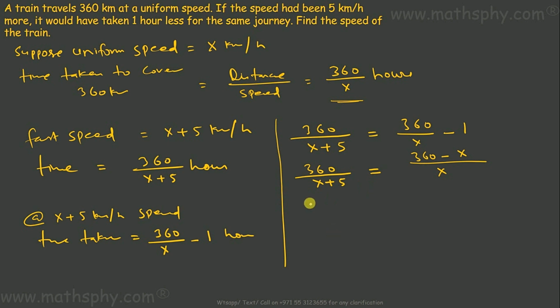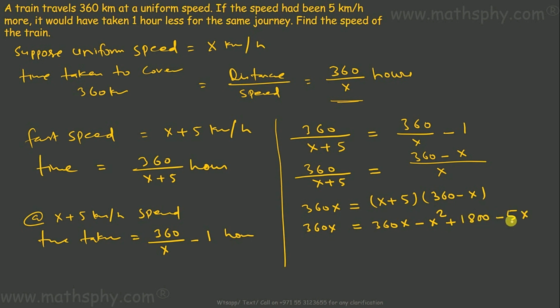Cross multiplication. So this will be 360 into x, 360x, and this will be x plus 5 into 360 minus x. So this would be 360x equals 360x minus x squared plus 360 into 5 gives you 1800 minus 5x.